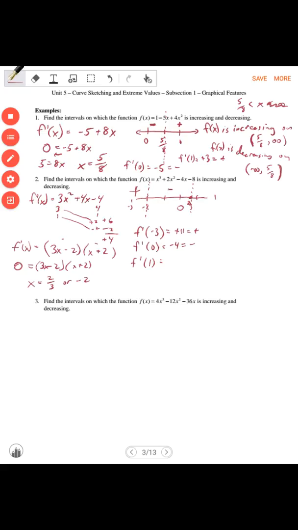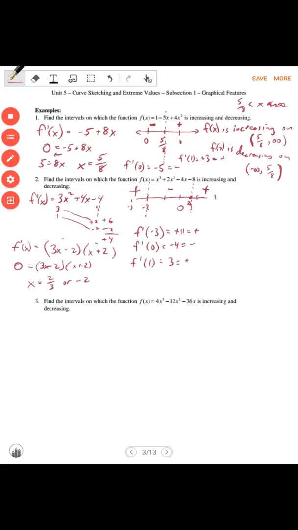And when you put x equals 1 into that, 3 times 1 is 3, minus 2 is 1, so that's positive 1. And 1 plus 2 is positive 3. So 1 times 3 is positive 3, or just positive. So that region is a region of increase again.